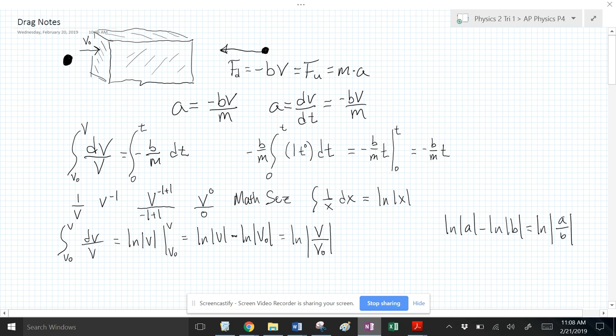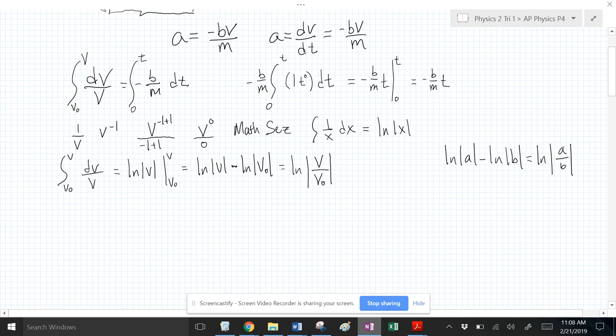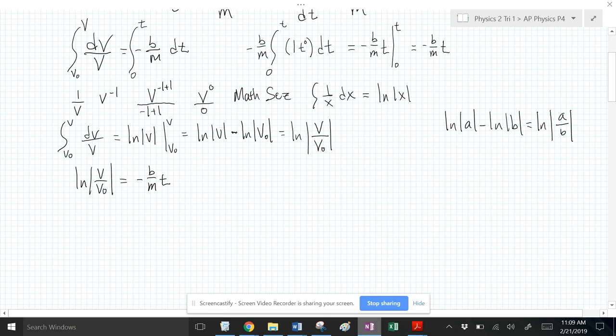All right, so that's what's happening on the left side. If I join everything back up again, we've got the natural log of v over v naught equal to negative b over m t. You can see why they don't have you do this on the exam, at least not write everything out in steps, because this is time consuming.